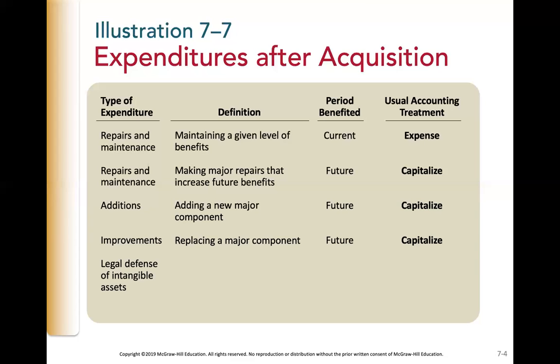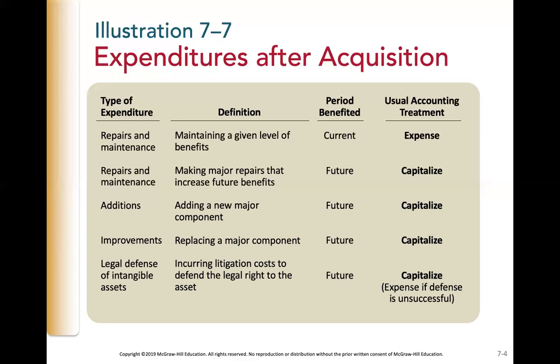Lastly, legal defense of intangible assets. The way that you manage these depends on the outcome of the legal defense. Sometimes firms have to pay litigation costs to defend the legal right to own a patent or a copyright, or if somebody infringes upon it and you have to pay for legal defense of those.